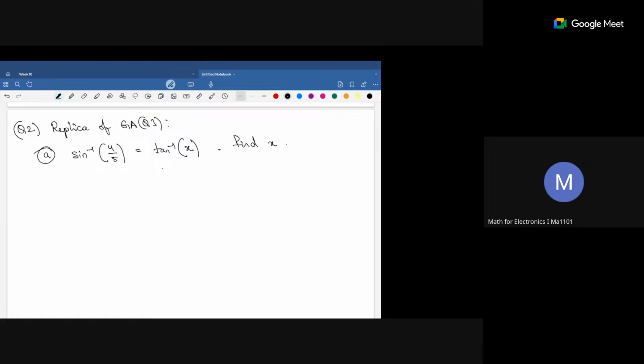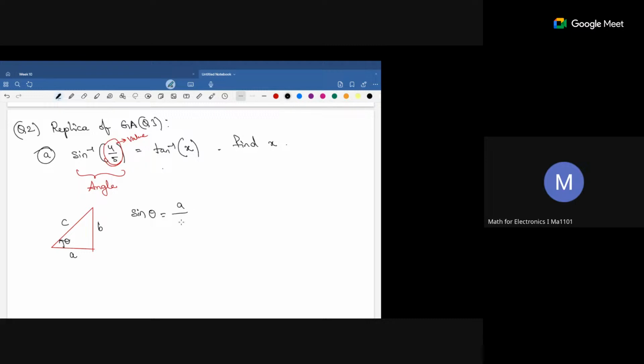So sine inverse of 4 by 5, as we said, this actually represents an angle. And the inside one is the value of the angle. So if I have a right angle triangle, and if this is theta, let's say this is base A, B, and C, everybody of us knows what sine theta is.